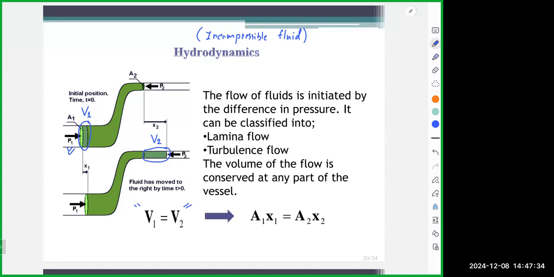So volume can be written as area multiplied by height. Here is h.